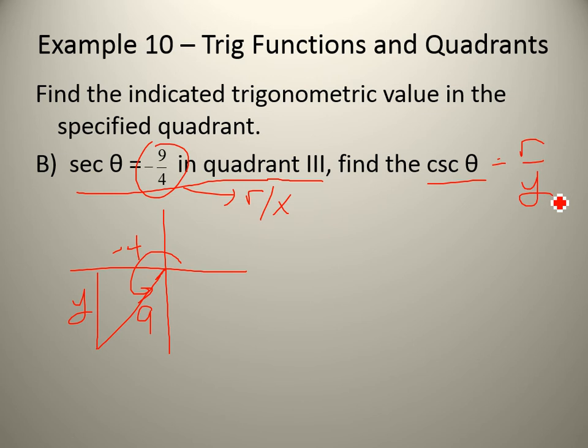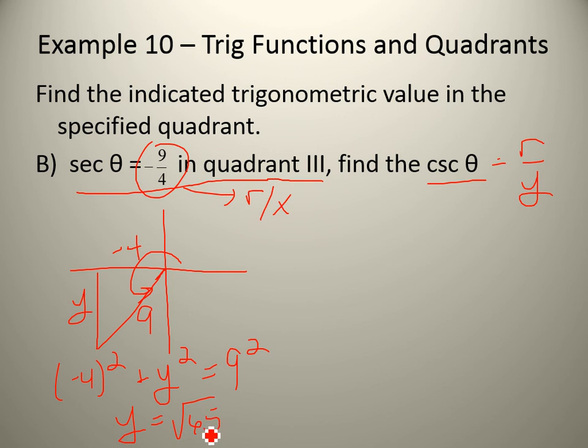So to find the y coordinate here, I'm going to do Pythagorean theorem, x squared plus y squared equals 9 squared. So when I solve this, I get y equals the square root of 65.